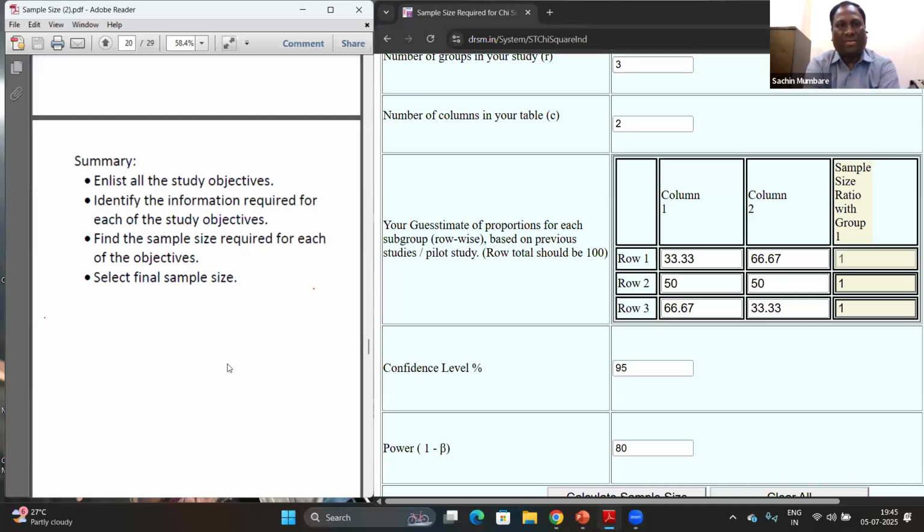You need not remember what information is required for each objective. You can visit any website or software, and based on what is in front of you, gather the information required for calculating the sample size for that objective. Find the sample size required for each objective, and finally select a sample size which will be sufficient for all your study objectives.